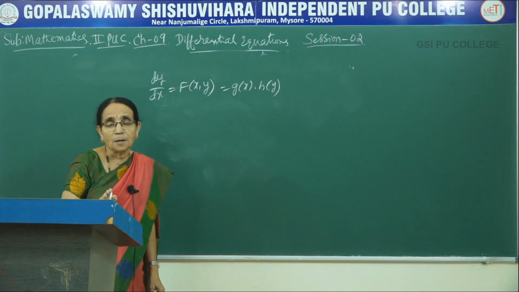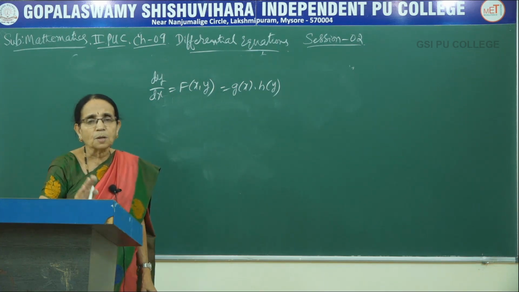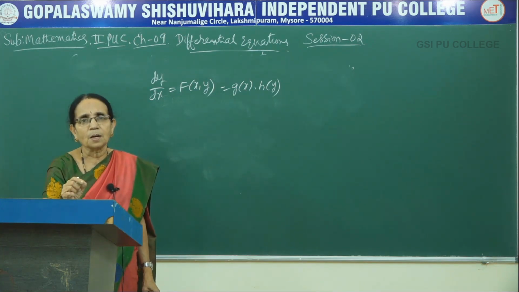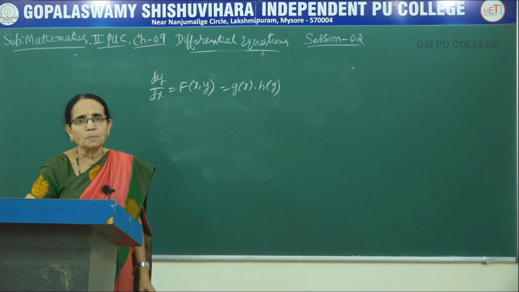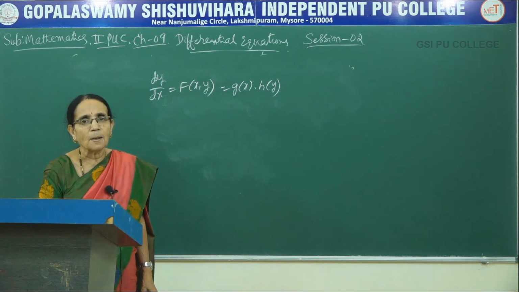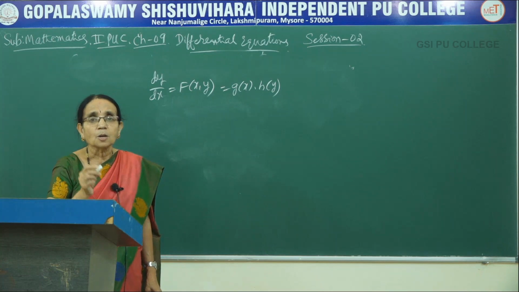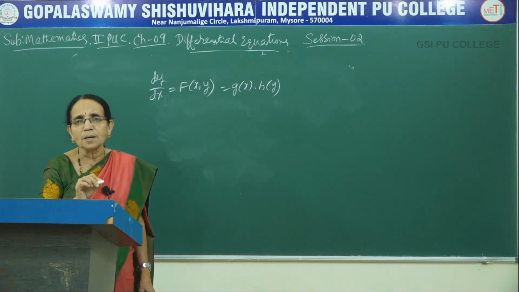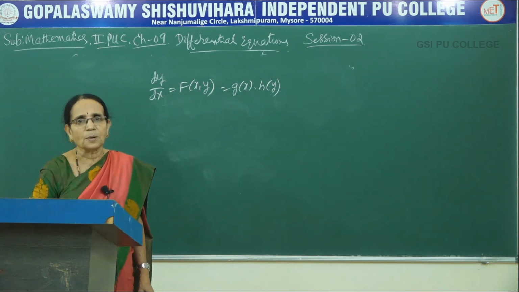See, that is why in the question paper they don't specify use the variable separable method, use the linear differentiation. They won't specify anything about that. By looking at the equation, you have to analyze and identify which method is applicable. That is the case even in integration also.